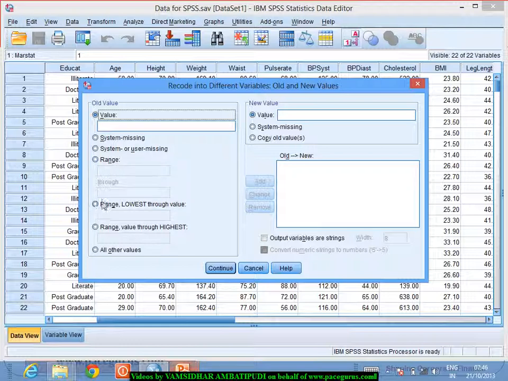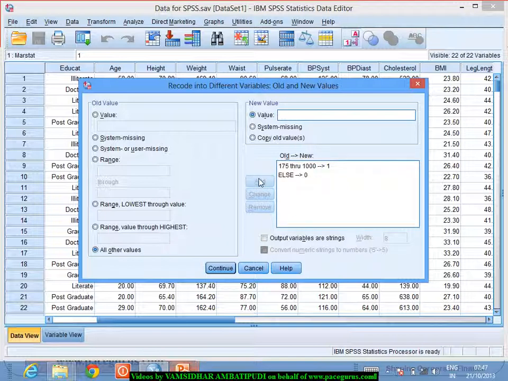In the old values, I'll use a range: 175 through, say, 1000, a very high value. 175 to 1000 I will treat with a value equal to 1, and for all other values I'll make them 0.